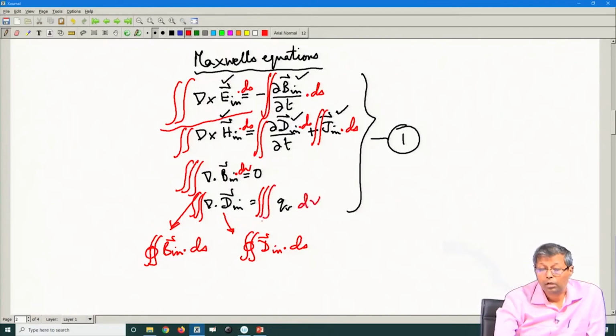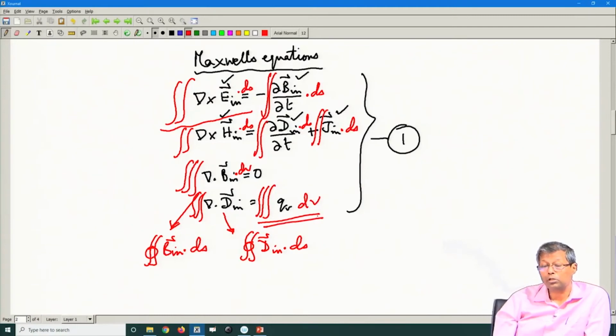Okay, so, this becomes the total charge enclosed, because q v is the charge density.